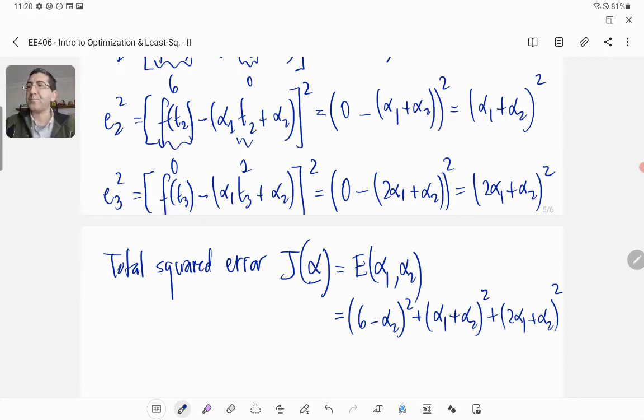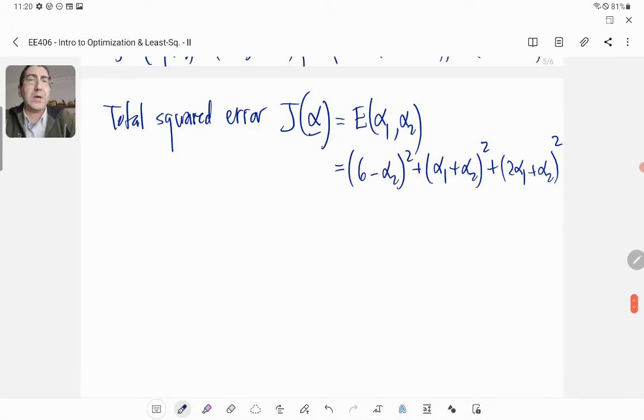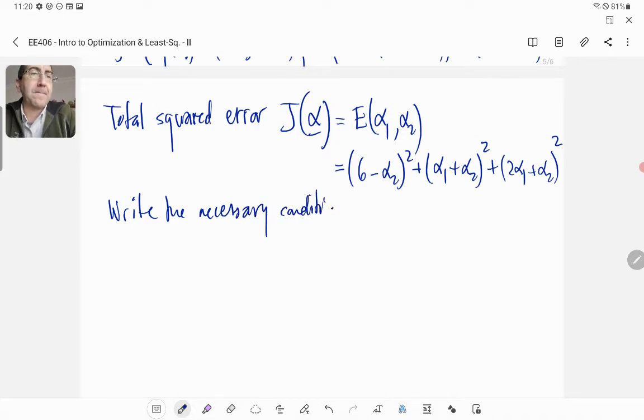Now what do we do in terms of this optimization concept? We impose the necessary conditions. So what does that mean?